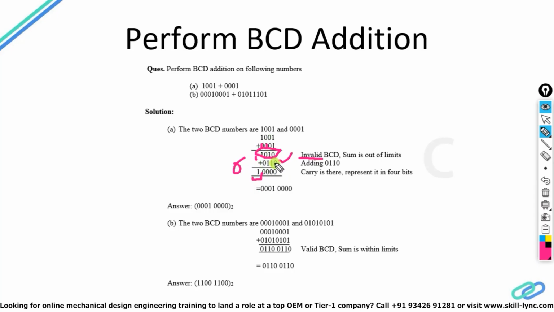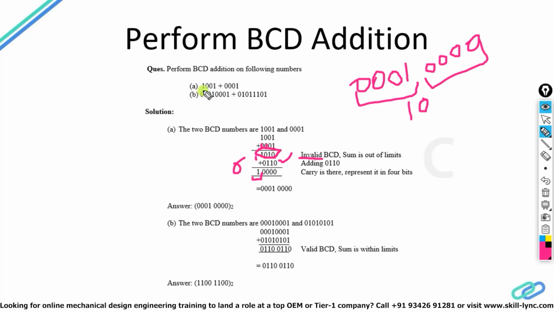Because these are 4-bit numbers and you are getting the result in 5 bits, so the first one is the carry. As per the rule, we will represent the carry in 4 bits. So this is the final answer: 0001 0000, which is 1 and 0. The question was 9 plus 1, and the answer is 10. Now take the second question.